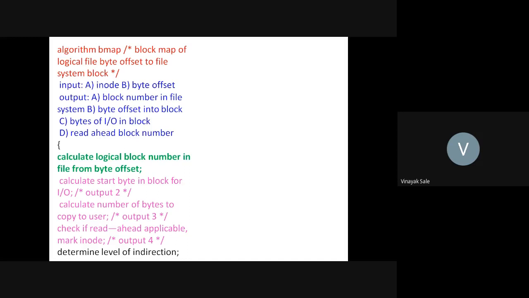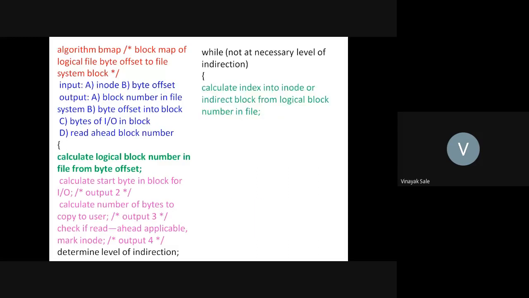Then determine the level of indirection. While it is necessary, that is while there is a level of indirection, execute this while loop and calculate the index into the inode or indirect block from the logical block number in the file.